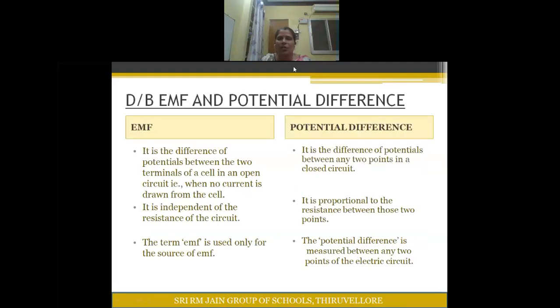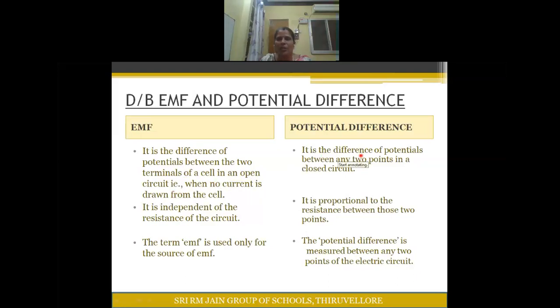And now let us see the difference between EMF and potential difference. EMF is the difference of potential between the two terminals of a cell in an open circuit when no current is drawn from the cell.